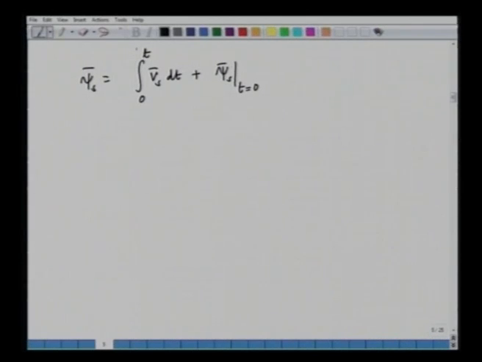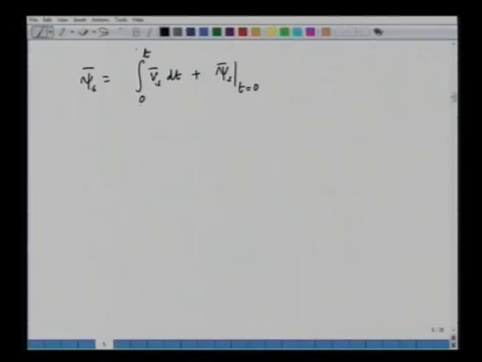Now, this is a vector addition. What you are trying to find out is the resultant flux, psi s, which is the vector sum of the integral from 0 to t of Vs dt plus psi s at t equal to 0. If we assume that the voltage vector remains constant for a small time, delta t, we take the integration up to delta t and assume that this voltage Vs remains constant.